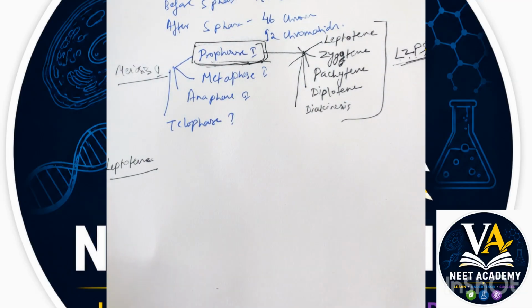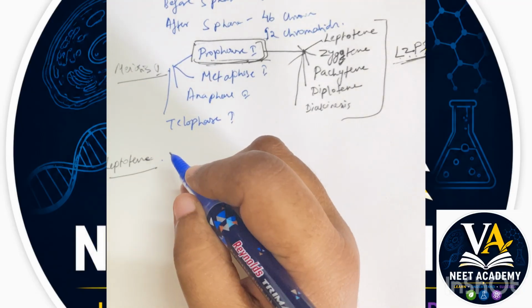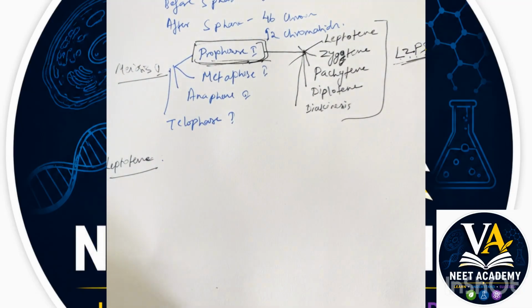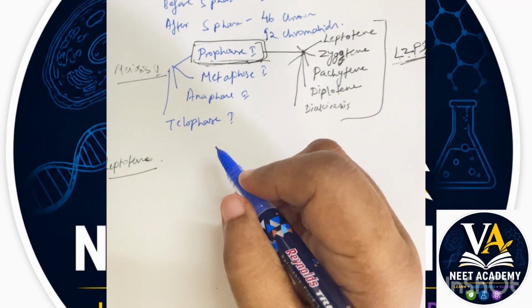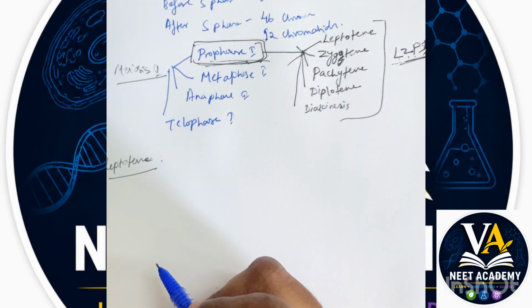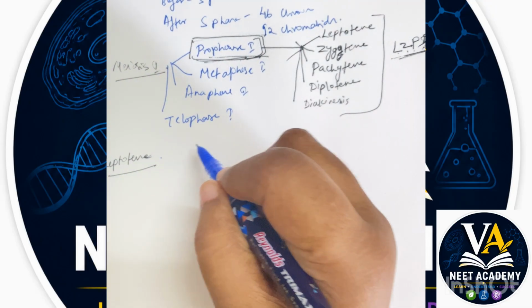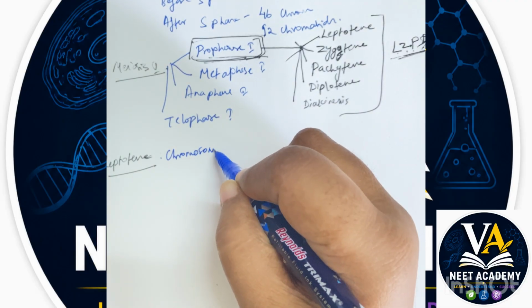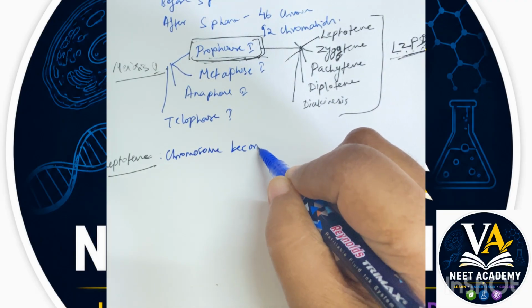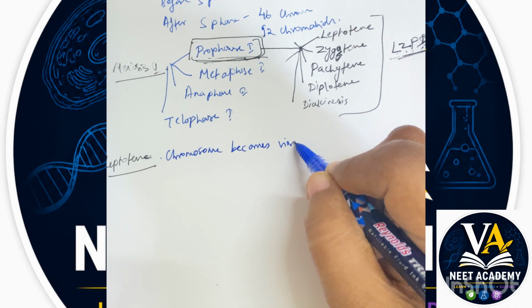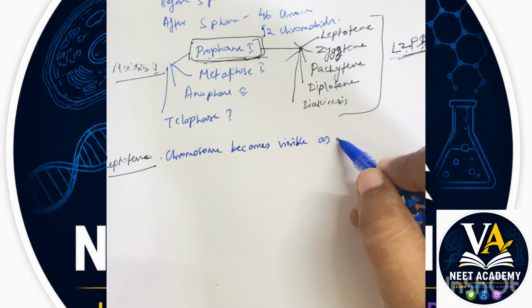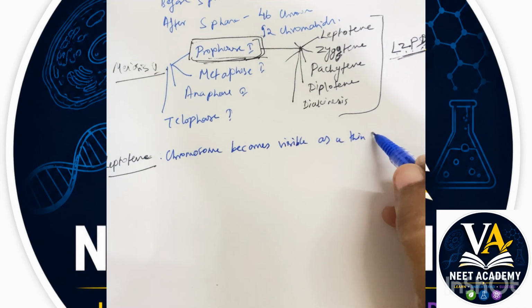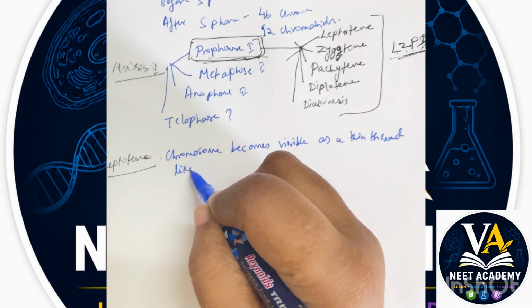During leptotene stage, the chromosome first becomes visible as a thin thread like structure.